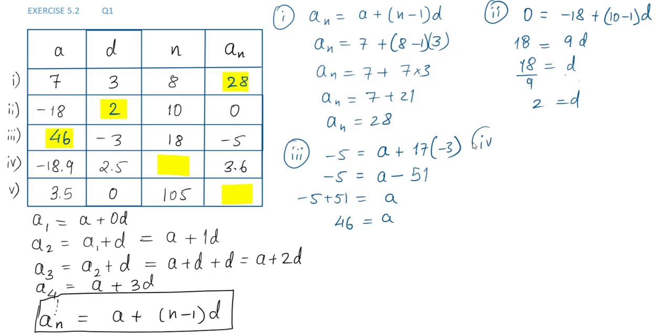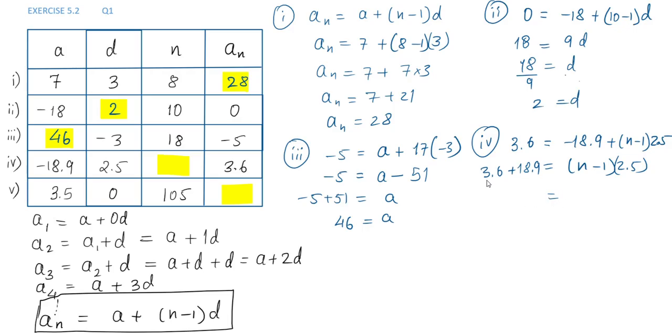Next is the fourth. We have an, 3.6 equals a plus n minus 1. Here n is missing. Whenever n is missing, it takes slightly longer. So 3.6 plus 18.9 equals n minus 1 times 2.5. We'll multiply the 2.5 later to keep it easier.